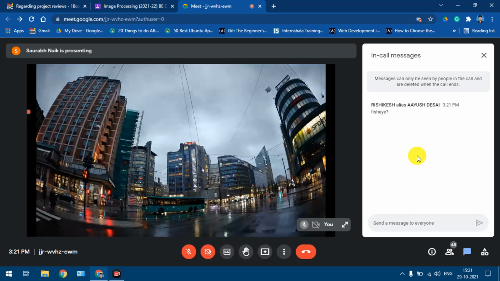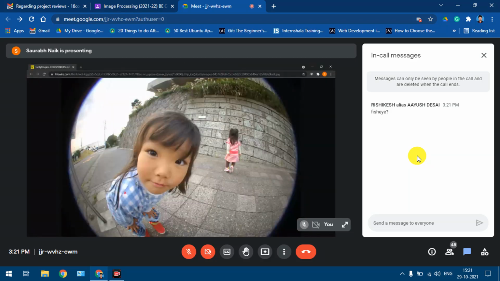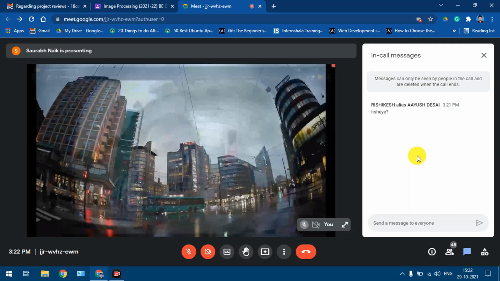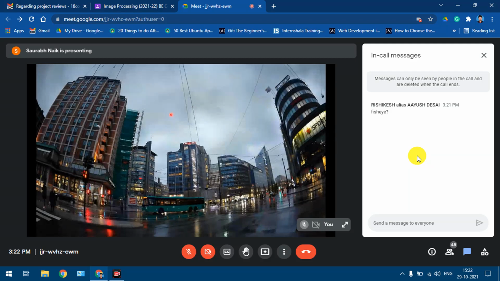Let me just try to find an image where you get, yeah, something like this, wherein the object itself is in a curved manner. But the reason fisheye lenses are used is because they cover a lot of area. You get a much wider angle. This is called fisheye. It just has to be more prominent, then it is considered fisheye.